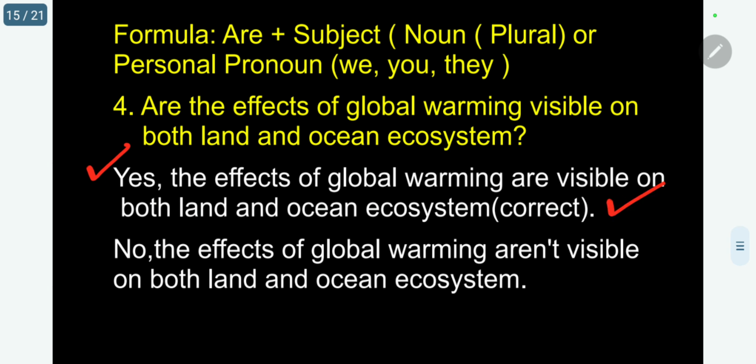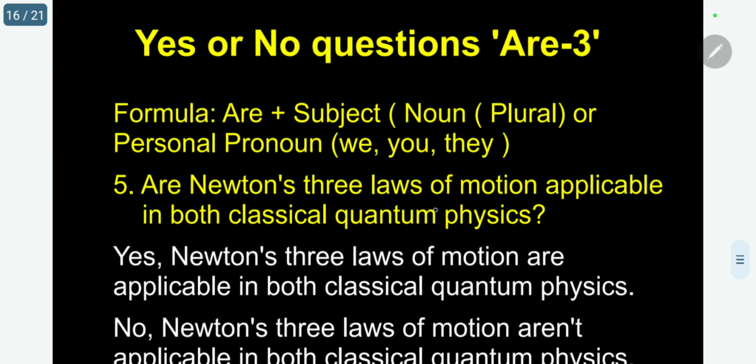Correct. Logically correct. We can observe global warming on both land and ocean. Suppose you want to give a no answer: no, the effects of global warming aren't visible on both land and ocean ecosystems. Kindly follow. The fourth sentence.